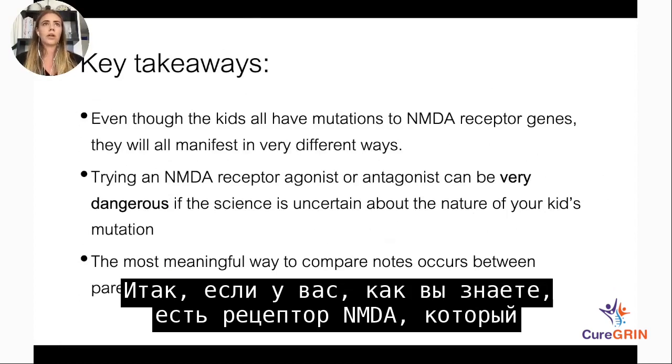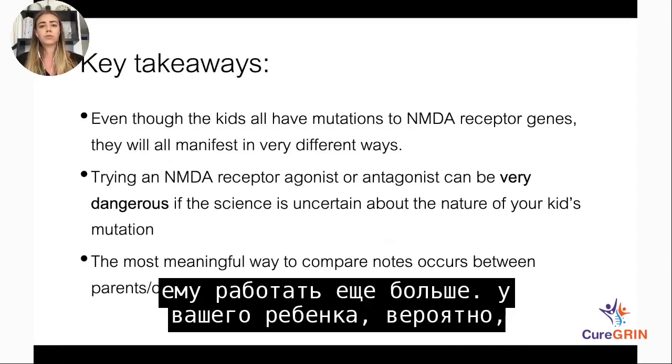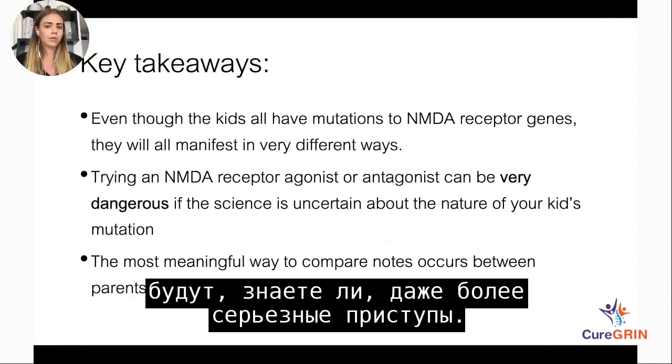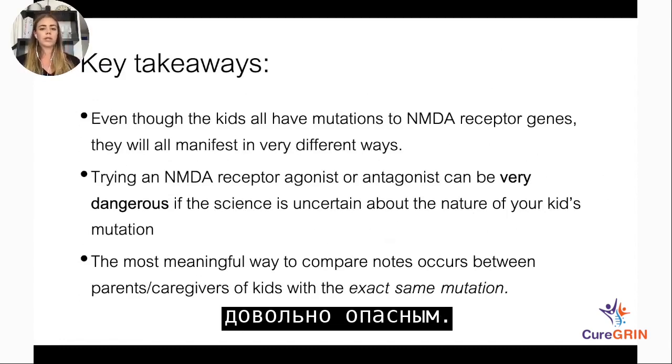So if you have an NMDA receptor that's functioning less, and then you give them an antagonist, which prevents it from working even more, your child will probably have even worse seizures. So it can be kind of dangerous, actually, in exploring some of these possibilities.